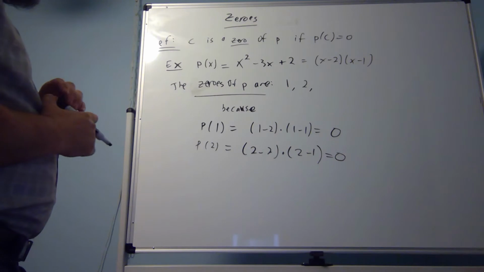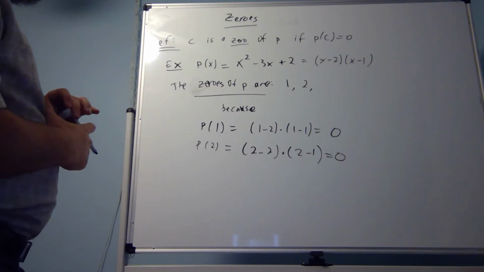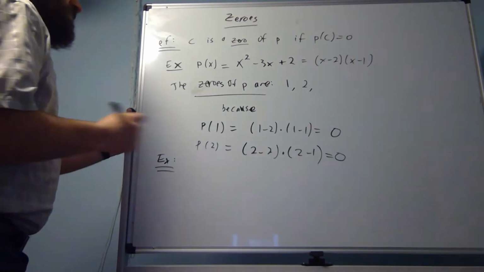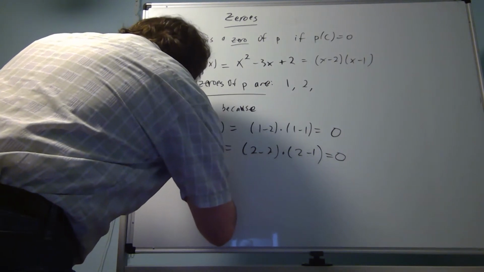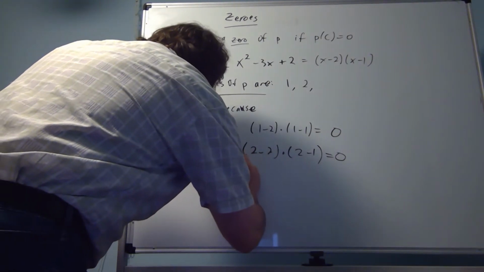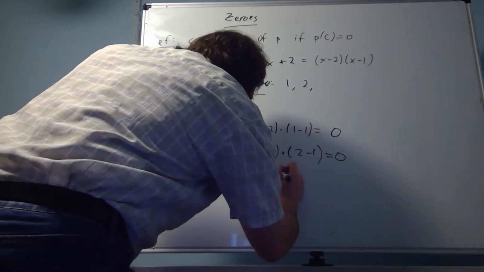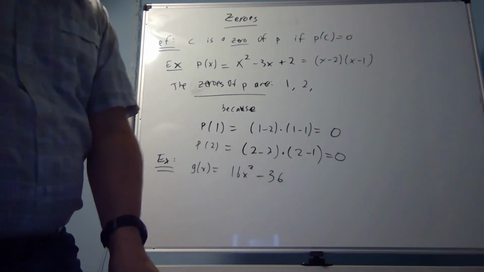We want to talk not just about zeros, but about this concept of multiplicity. Just as one example of what we've seen so far with quadratics, g of x is equal to, let's do 16x squared minus 36. There's a couple reasons I like this example.